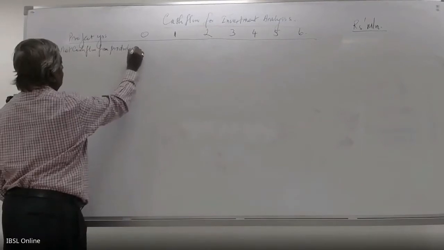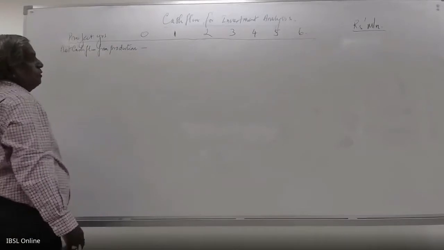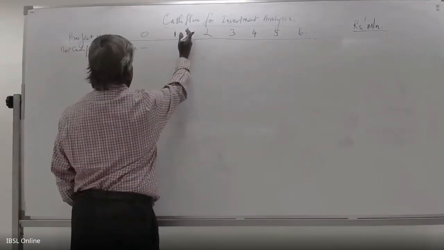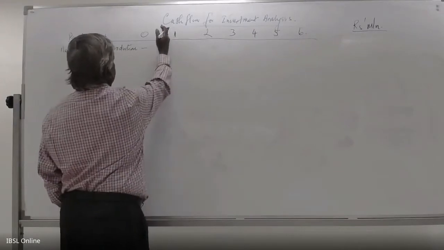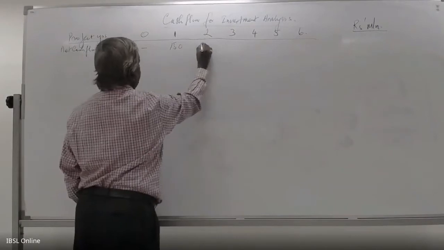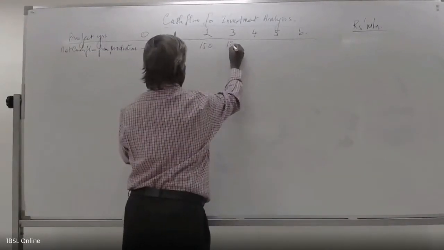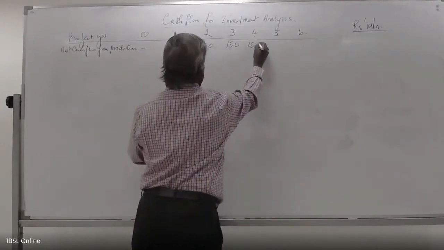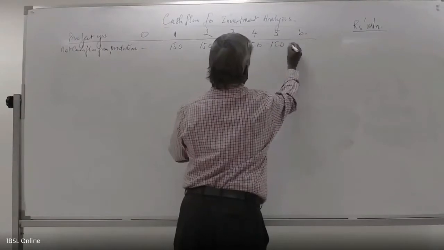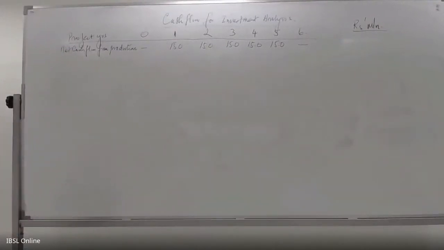Year 0, no. Year 1, a 12-month period from today, 15 million. Each year they estimated 15 million.